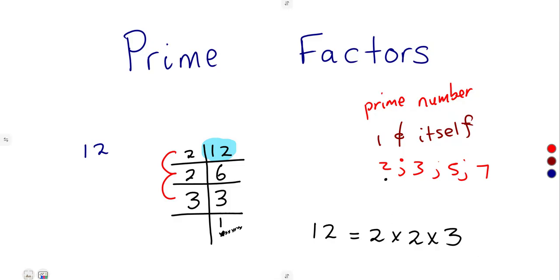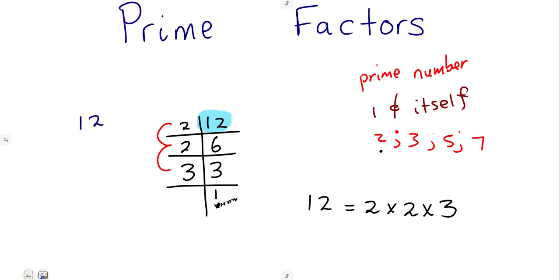Remember your exponents. You can also write in exponent form. If a number is multiplying itself, a times a times a, 3 times, it is the same as a to the exponent of 3. A times a times a times a, 4 times, is a to the exponent of 4.